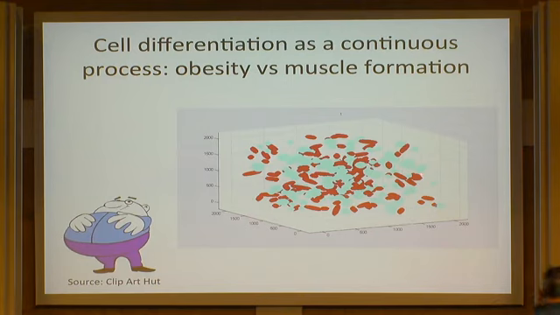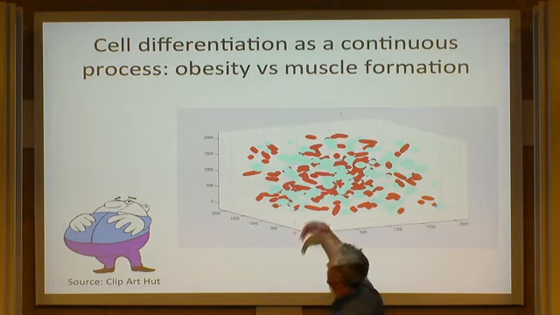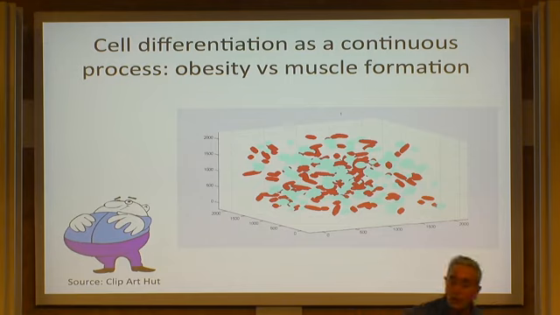So then what we did in this model, we also used this formalism for the stresses and for the force that the cells will exert. And we also assumed that there was some cyclic loading, and according to the cyclic loading, the cells would either differentiate to fat cells or to muscle cells.